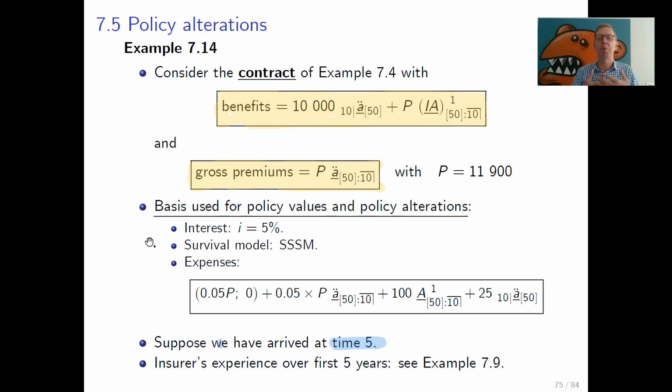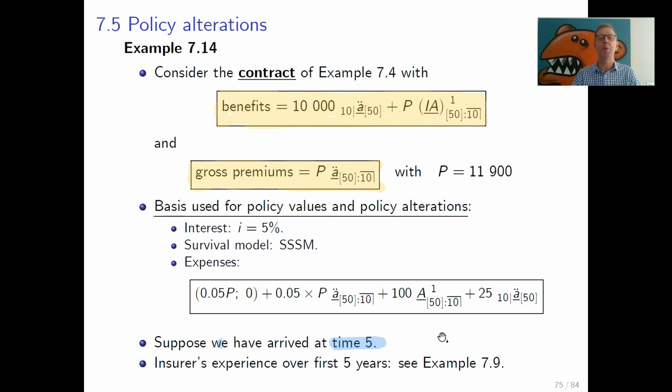The basis used for the policy value and the policy alterations is the one that we used before. Interest 5%, standard select survival model. The expenses are 10% of the initial premium and 5% of all the remaining premiums. There is an expense of 100 if the death benefit is paid out, and there is an expense of 25 each time an annuity amount is paid out.